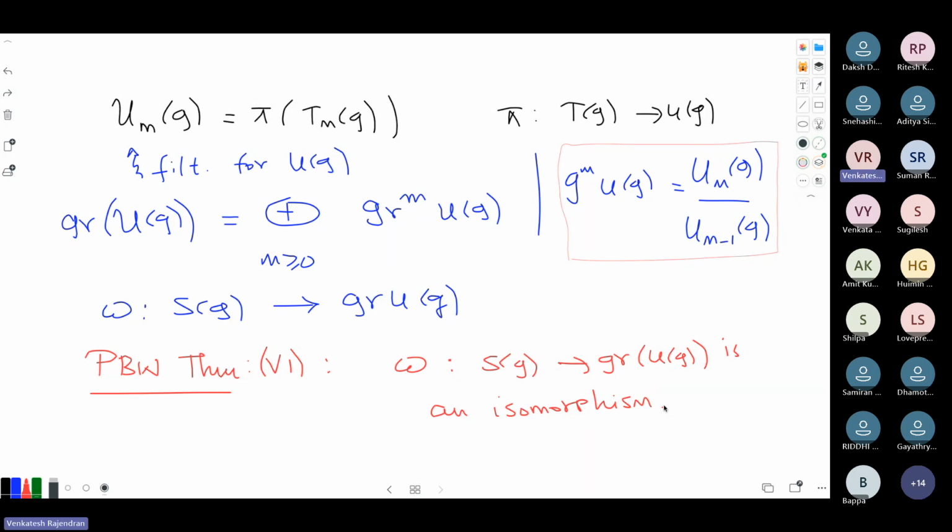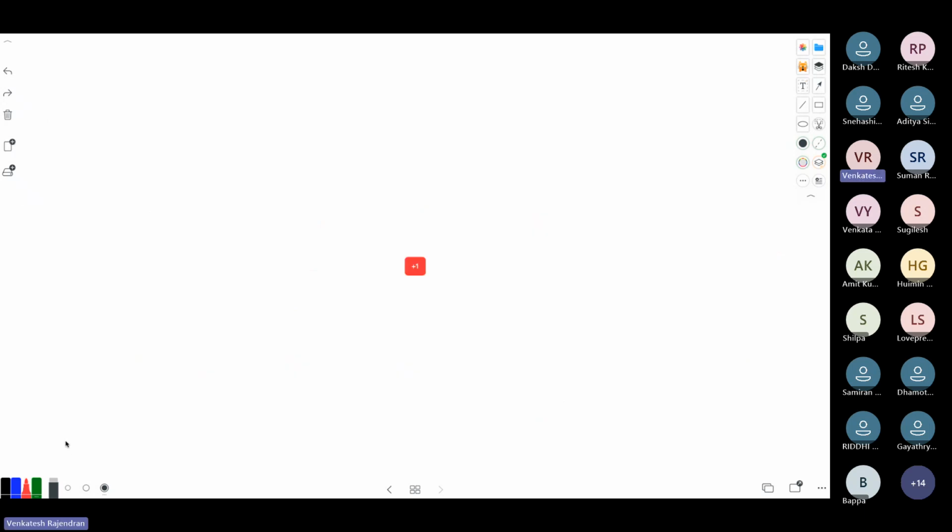So in particular, version 2 we can record as follows. The standard basis that you have from SG will induce a standard basis in UG, which we call the PBW basis.